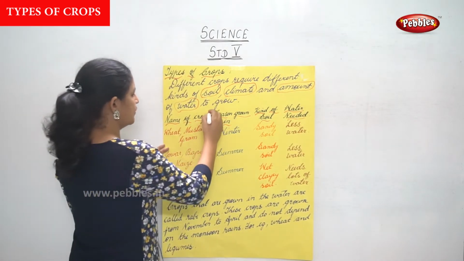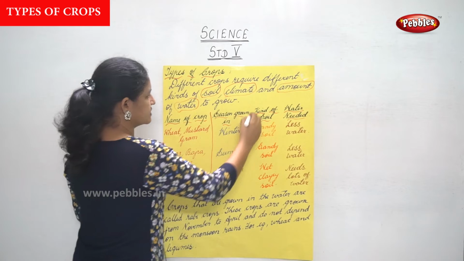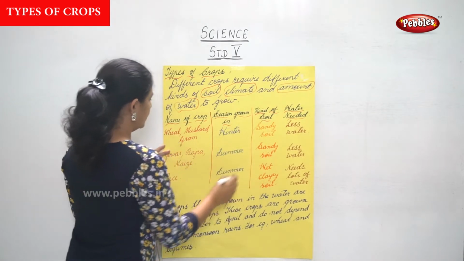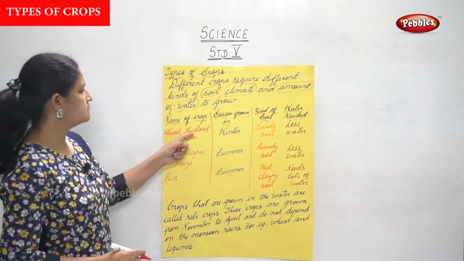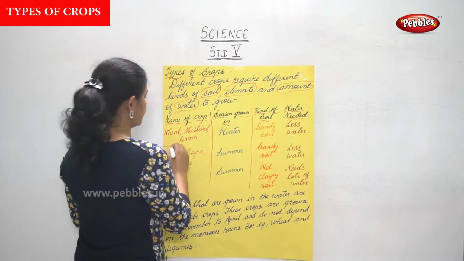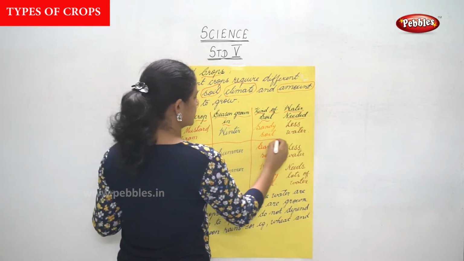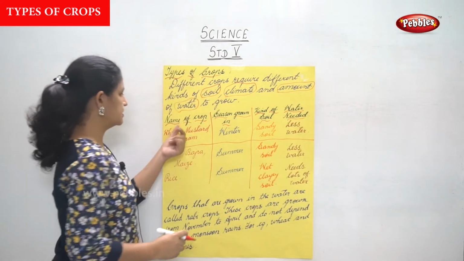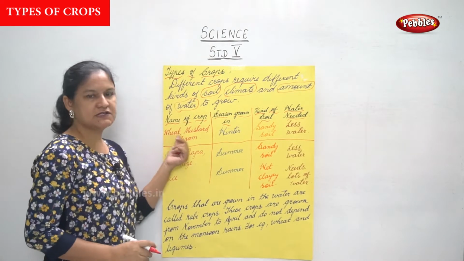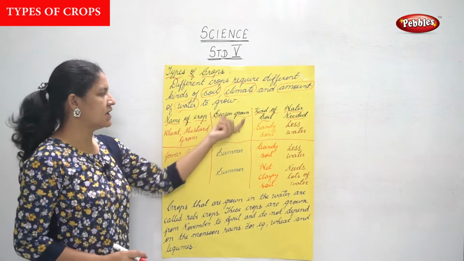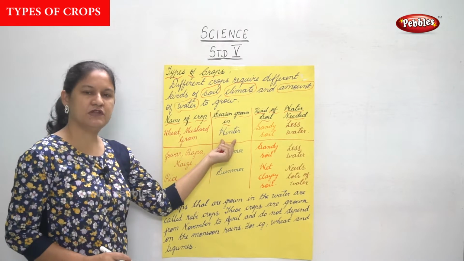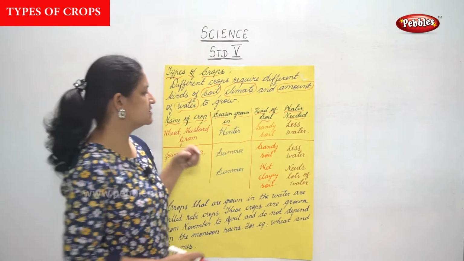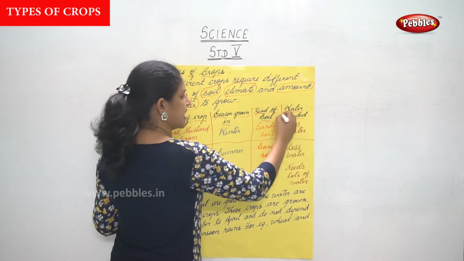So the first crop, if you see, we have wheat, mustard and gram. They are grown in the winter season and they require sandy soil.